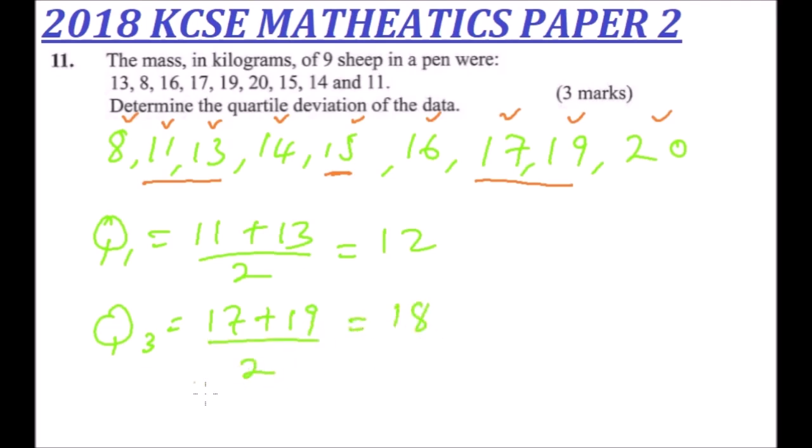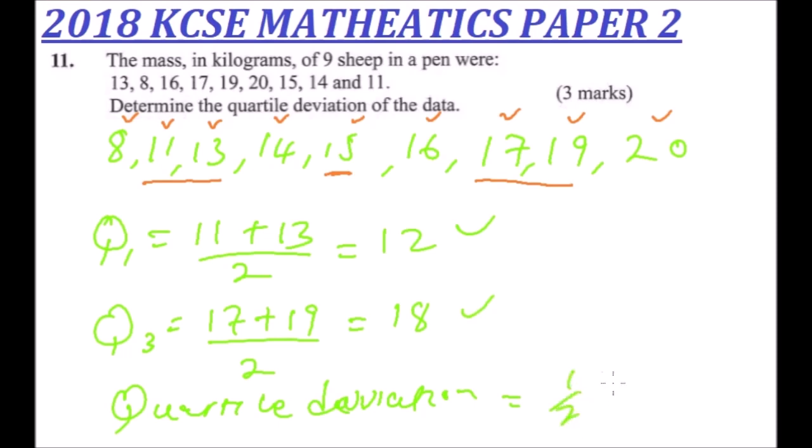So quartile deviation is equal to the average of these two, and that is 1/2 into bracket, that is the difference of the upper quartile and the lower quartile.